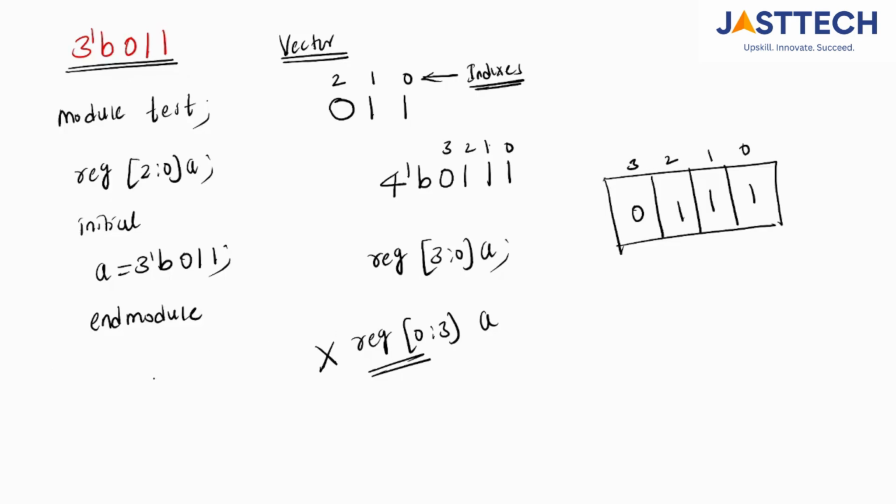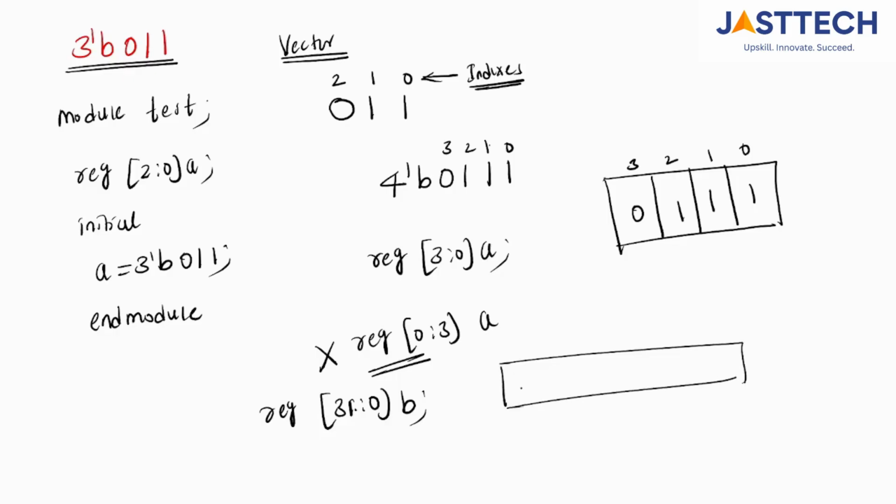Suppose you want to store a 32-bit value, what will I declare? reg [31:0] b. Here it will form 32 locations: 31, 30, and so on down to 0. This is nothing but a vector.